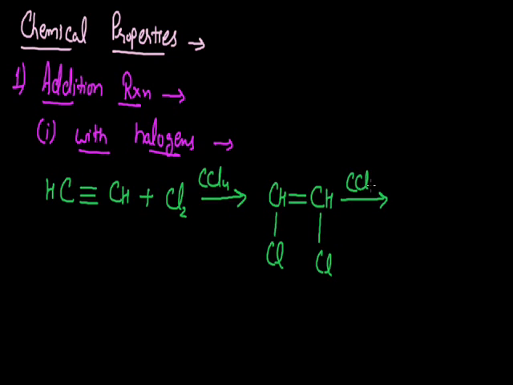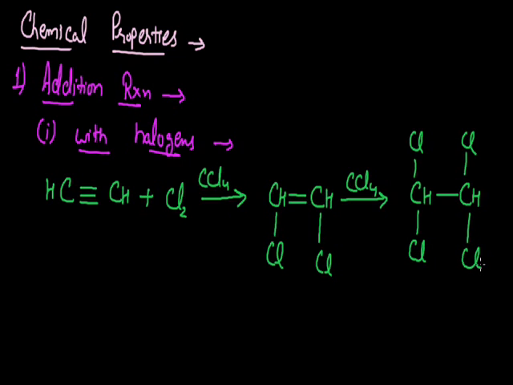In the presence of non-polar solvent carbon tetrachloride or ferric chloride, it will further go for the addition reaction. The resultant will be CH connected with a sigma bond to another CH group. Initially, it had one chlorine on each. Now, due to the breaking of one pi bond, two sigma bonds will also form, indicated by this.